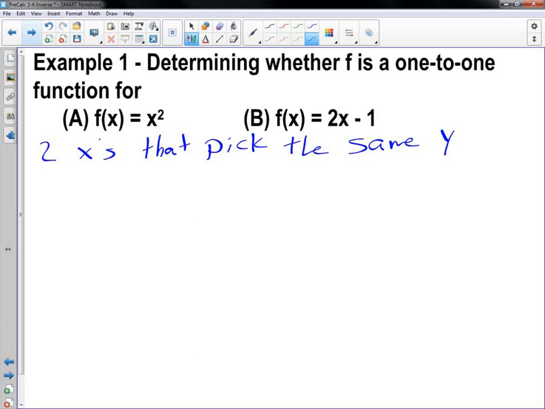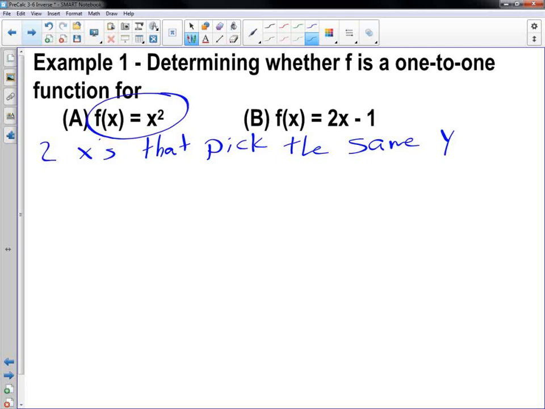Okay, so that's a counterexample. All right, now if we look at A, it should be pretty easy to count. What are two x values in f of x here that are going to give me the same y output?